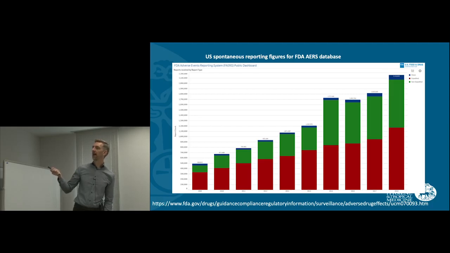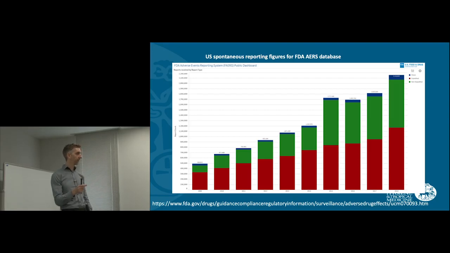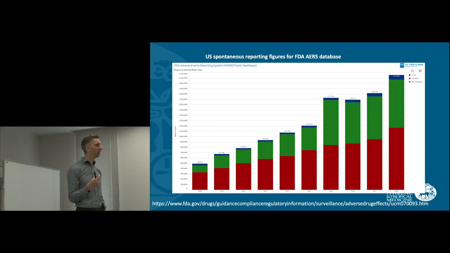Last year, they had just over 2.2 million individual reports. Now, nobody can read all of those and make sense of them. It's just not possible. You may be able to take a small group of them and try to make sense of them, but how would you know which ones to even start on?